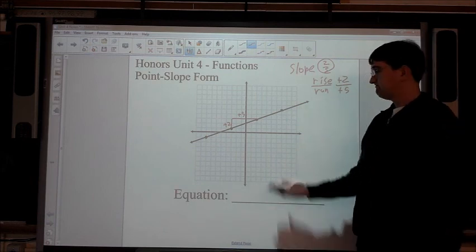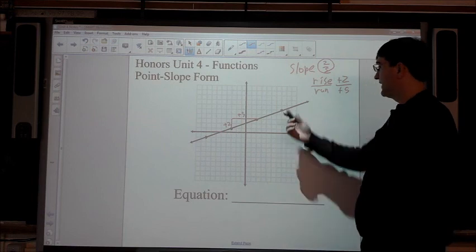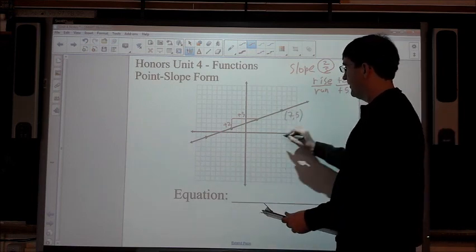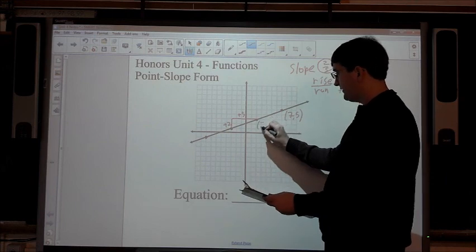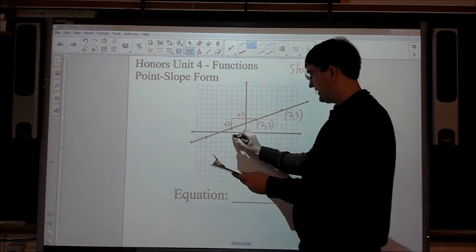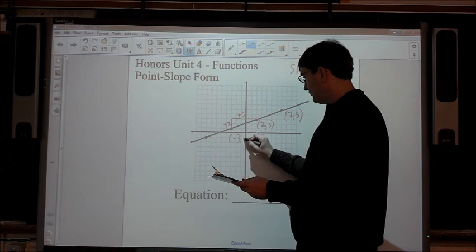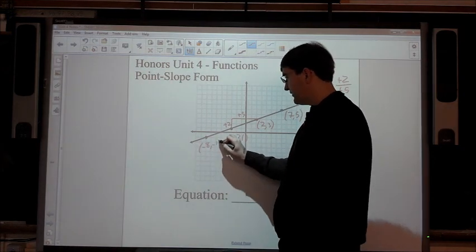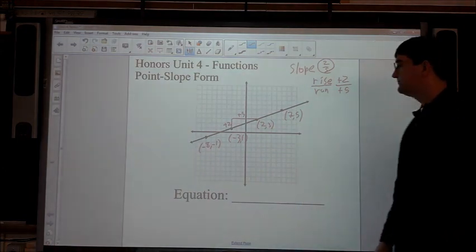For the point, take your pick. We got a bunch of them. We got the point 7, 5. We have the point 2, 3. We have negative 3, 1. We have negative 8, negative 1. Any one of those points will work.